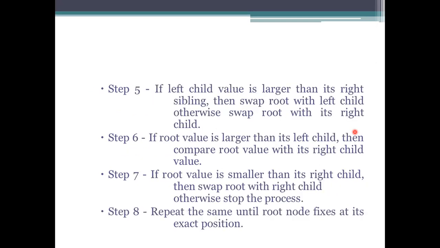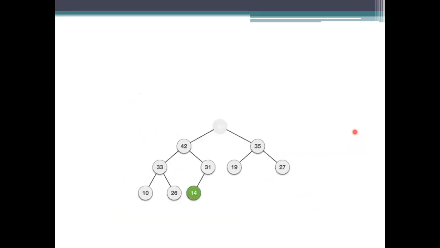Okay, so here I need to delete 44. Swap 44 with this 14, delete that one, and then do the heapify. After deletion, we need to make 42 the root node, and the remaining last node is the least number.